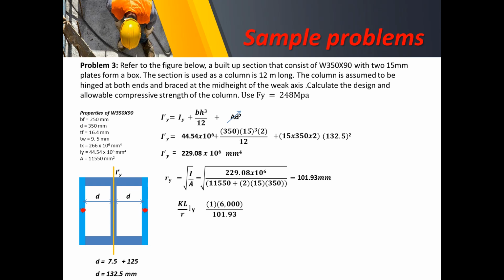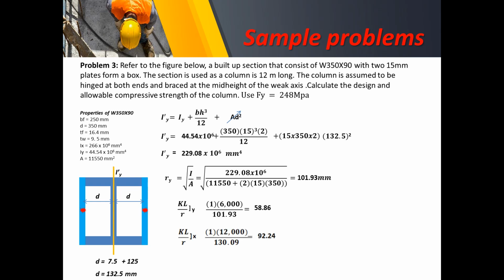That is why, instead of using 12,000, at the mid-height of 12,000, the unbraced length for the y direction is 6,000, or half of 12,000. So this is equal to 58.86.